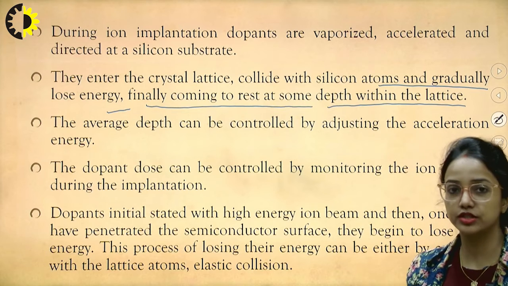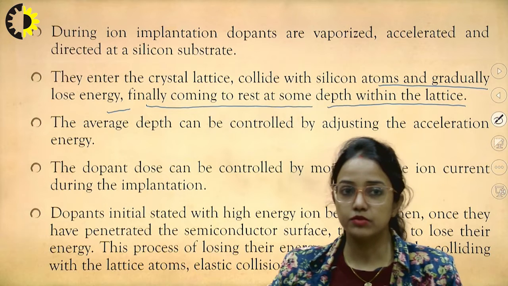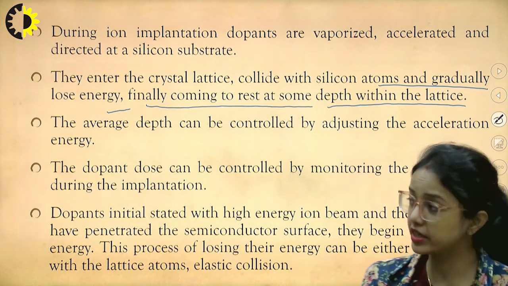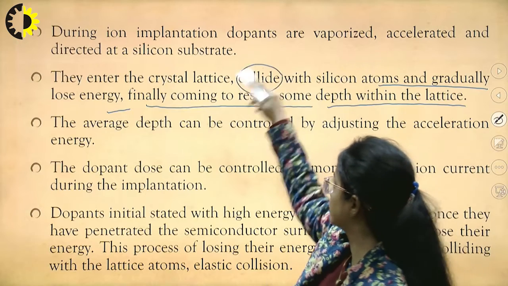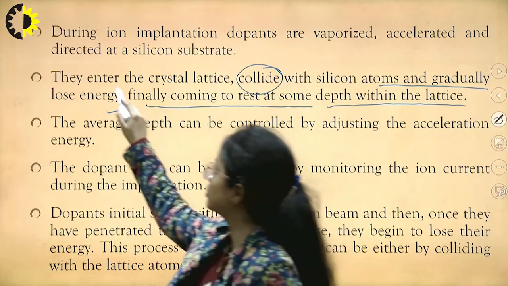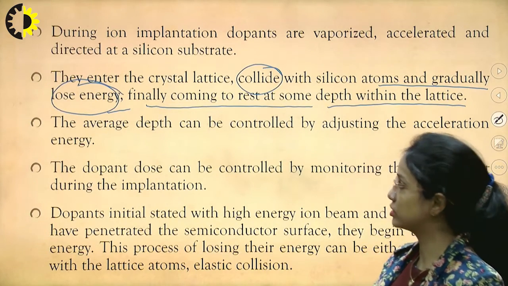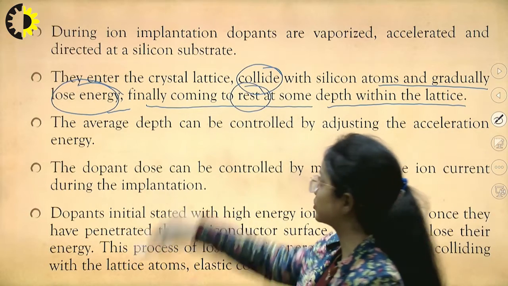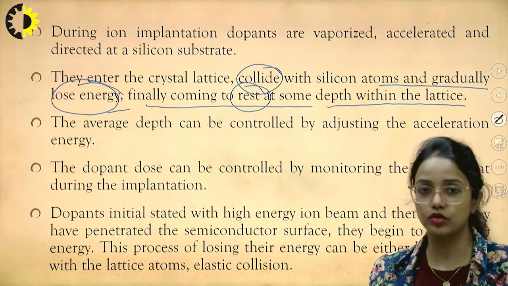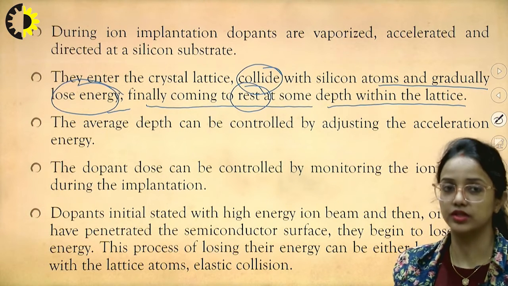These ion beams enter the silicon lattice. When they enter, they collide. When they collide, they lose energy and finally come to rest. When they finally come to rest, they are now a part of the silicon substrate.